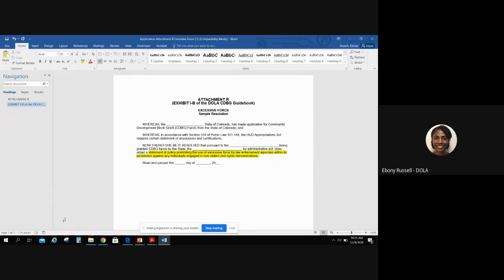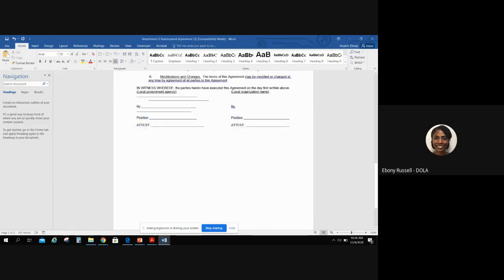And so you'll have to work with the county to state that they will not be doing this. So that is your application and all of the attachments.